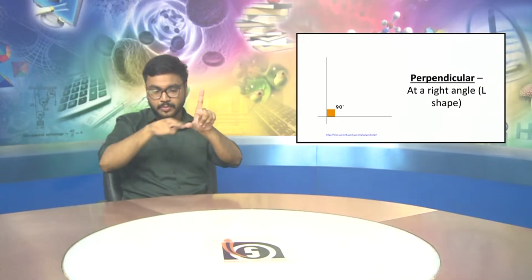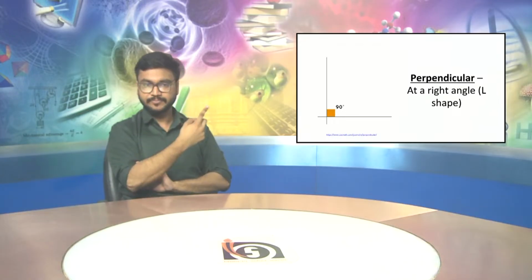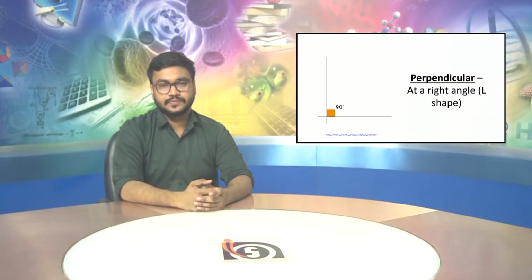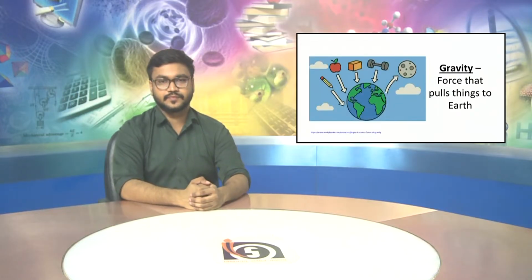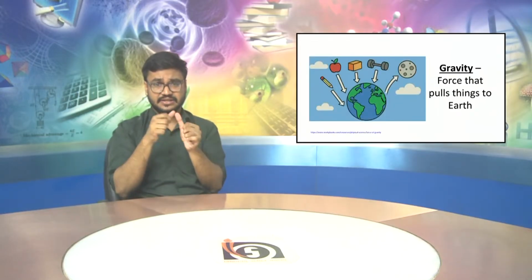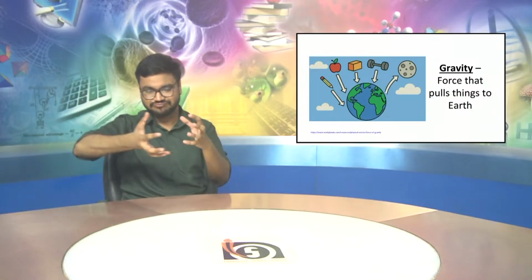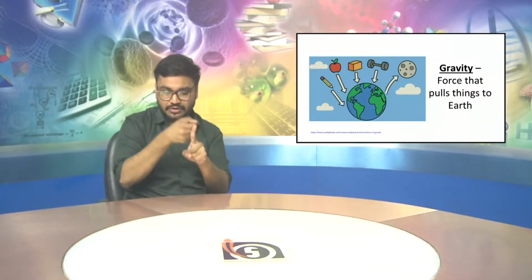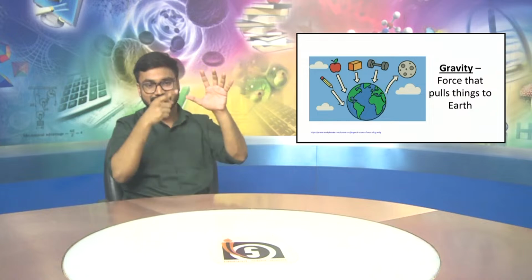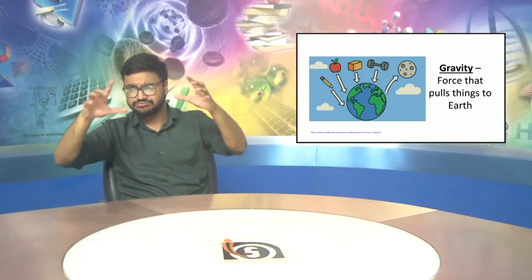Perpendicular is at a right angle with L shape. Next is gravity. Gravity is a force that pulls things to earth.